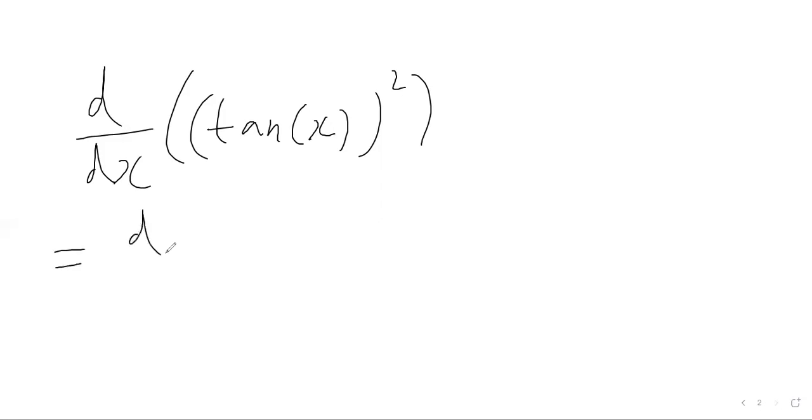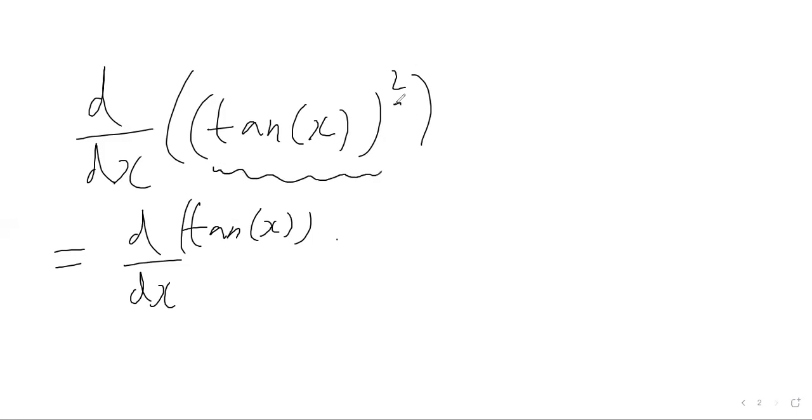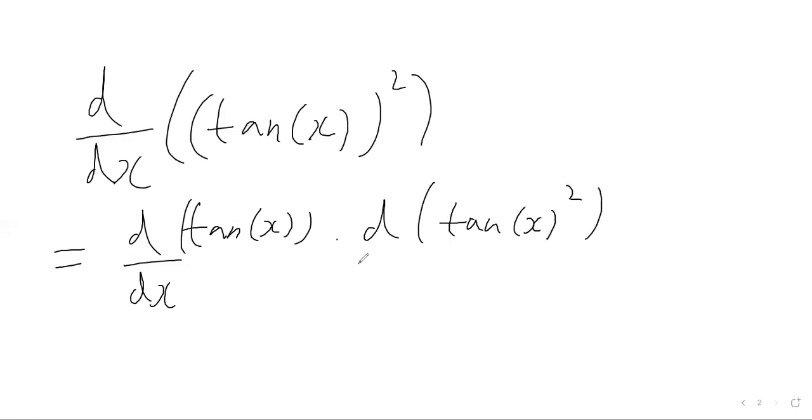So we're going to differentiate with respect to the variable x, the tan of x, and then we're going to multiply that by the derivative of the squared function with respect to the function within that squared function, the tan of x. So differentiate tan squared with respect to tan.